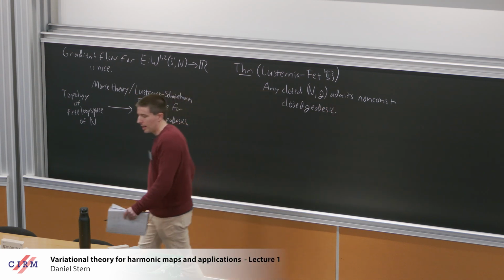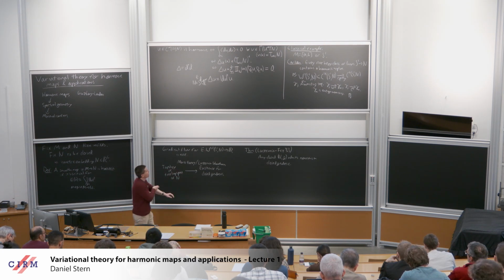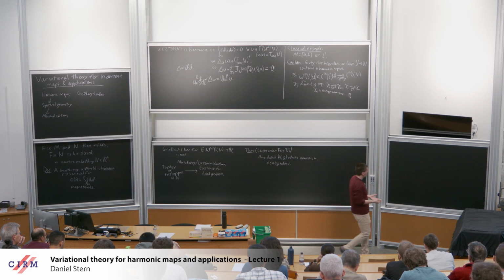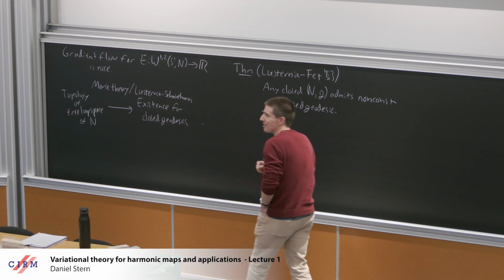Right, if your target has non-trivial pi_1, then you can just minimize as before. If your target has trivial pi_1, well, you still know some higher homotopy group will have to be there. And so if, let's see, is there a question?